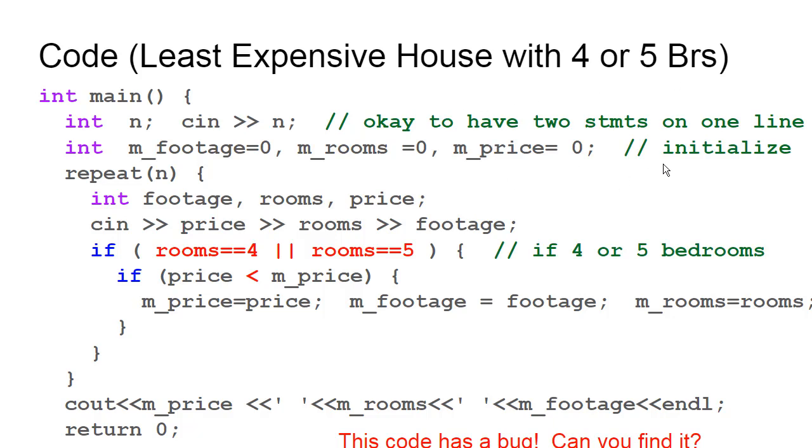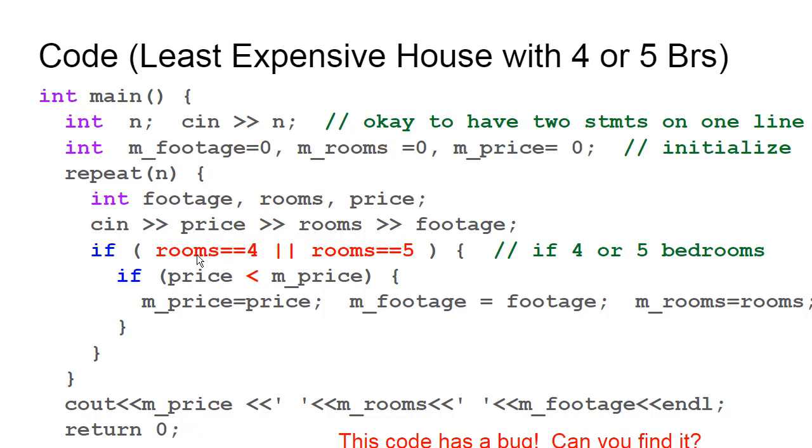So this is a part of the code for finding the least expensive house with 4 or 5 bedrooms. In fact, this code has a bug. So you try to find that bug. I'll briefly go through this, and you can pause the video to think about it more if you want to. So here we initialize it, and then we read it. One thing that's different is here we need to find houses that have either 4 or 5 bedrooms, and here we use another way to represent the condition.